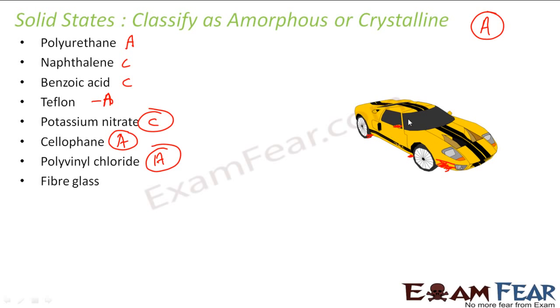I mean, most of them are metal also, but you see a lot of fiber things, right? The scooty which girls drive is made mostly of fiber. These fibers are very hard plastic. Don't think of plastic only. This fiberglass they call, but they are actually very, very hard plastic. You see the helmets and all, they are made of fiber. Correct? And they are also amorphous because you can melt it actually.